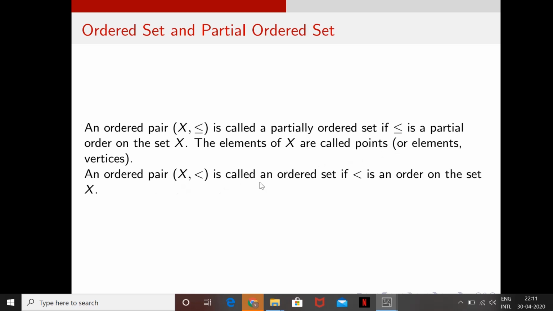An ordered pair is called an ordered set if this is an order on the set X. The difference between them is a simple symbol of equality, which we have seen how it can change the definition of our sets in the previous slides.